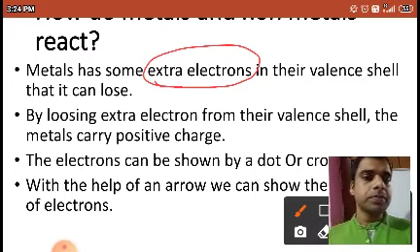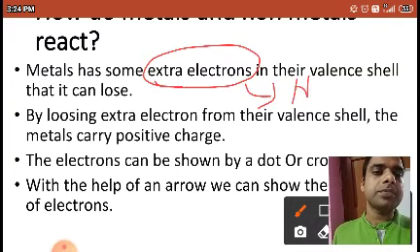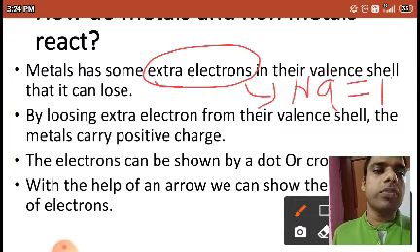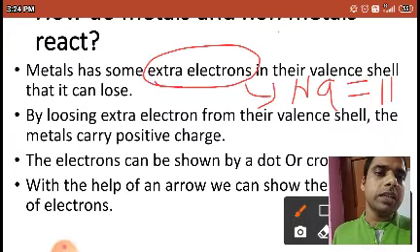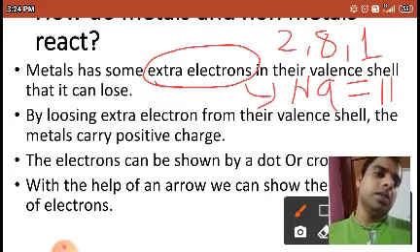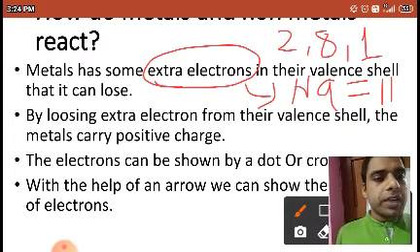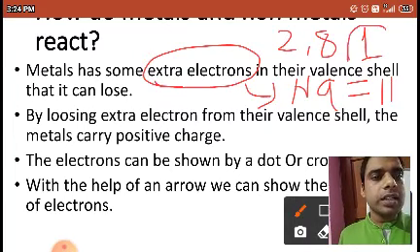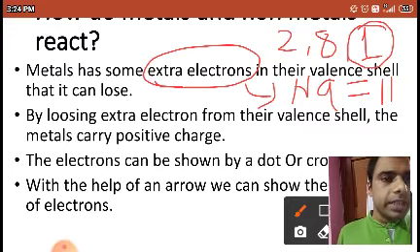Let me tell you, if I write Na, what is the atomic number of Na? 11. And what is the electronic configuration of this? 2, 8, 1. So you are seeing 2, 8, 1, that means 1 valence electron, okay?